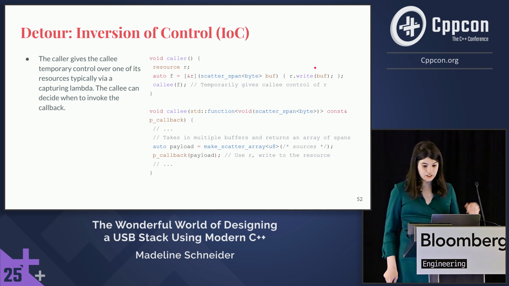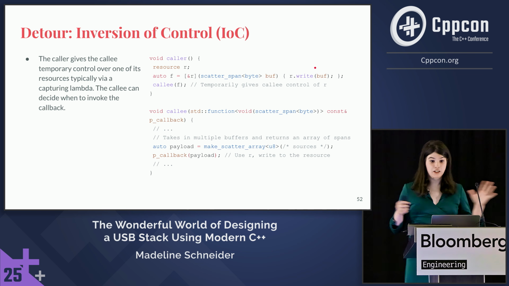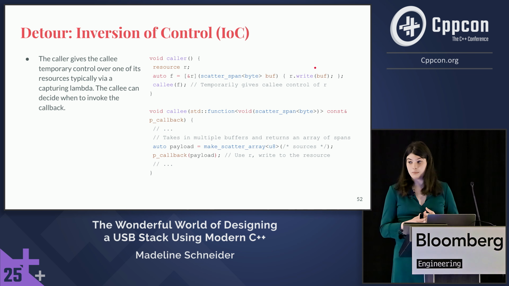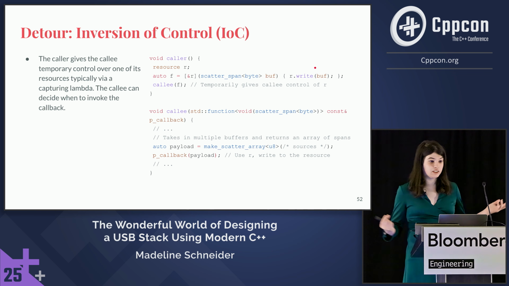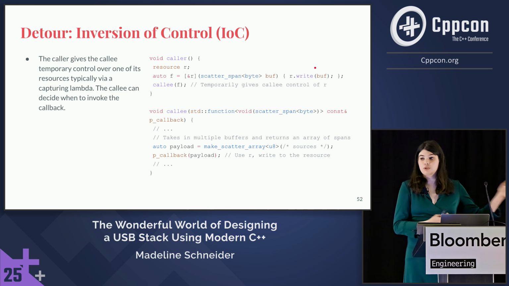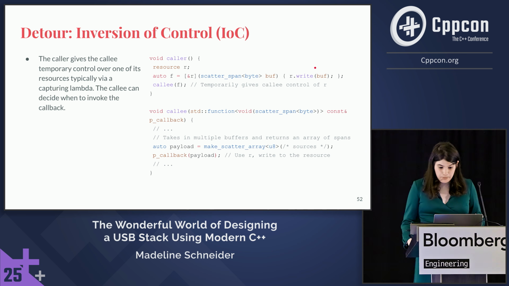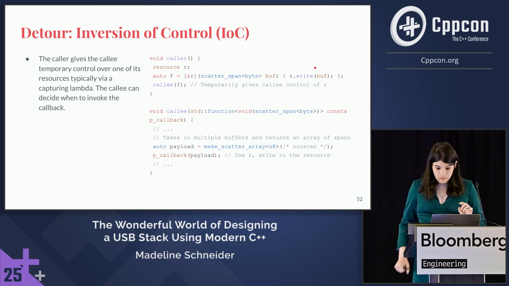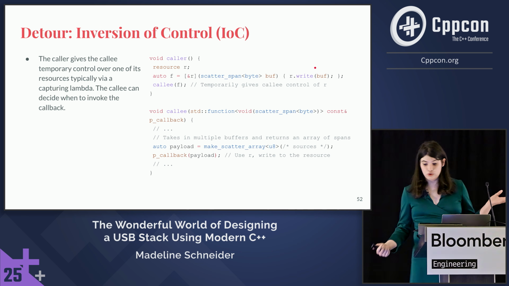Now, if we don't want to give callee direct access to the resource, there could be any number of reasons for that. It can do other things that we don't want callee to accidentally invoke, or maybe there are other use cases for it, things like that. We just want to give temporary access to the ability to write.